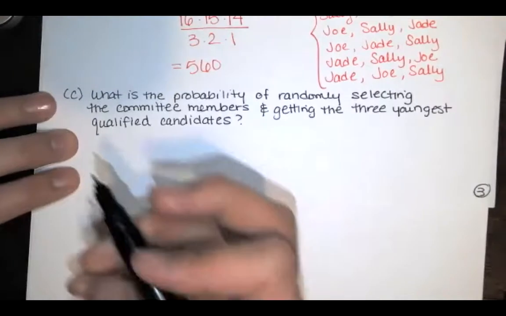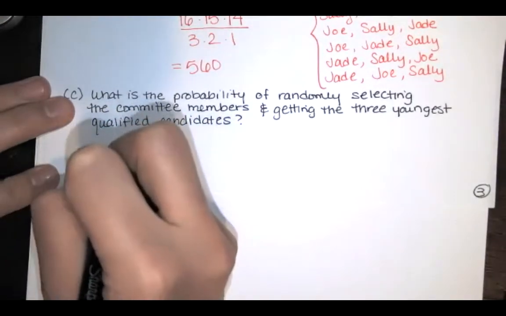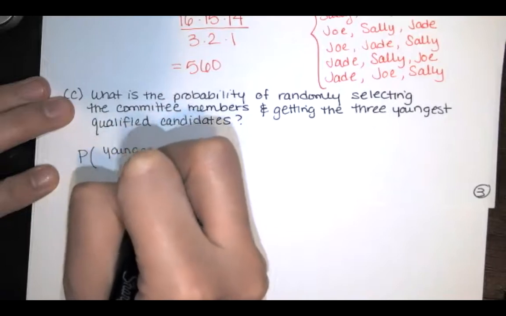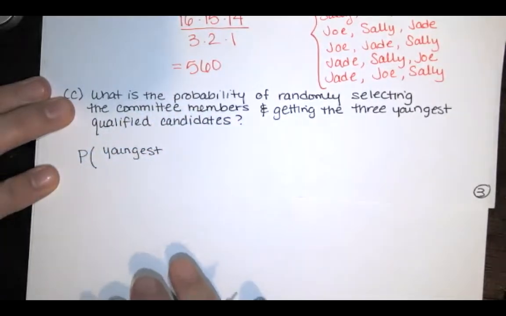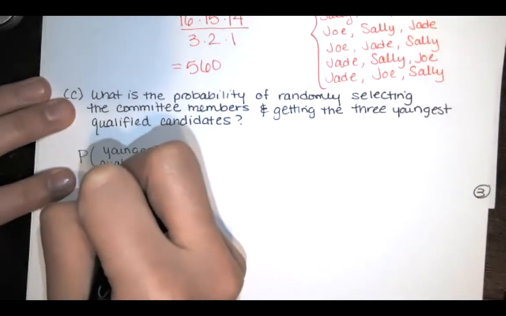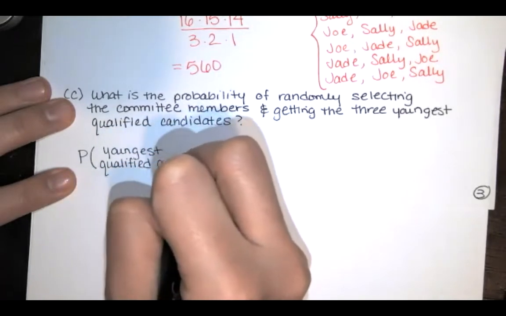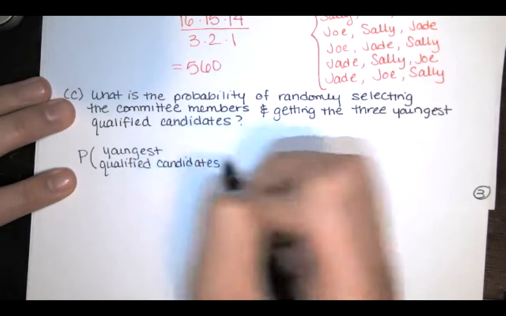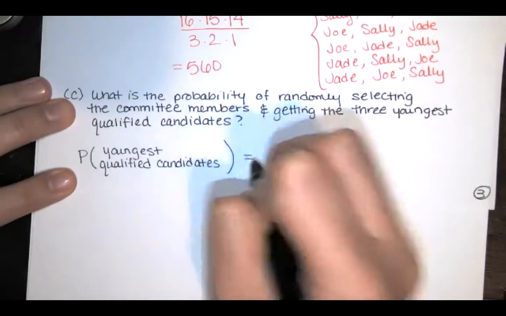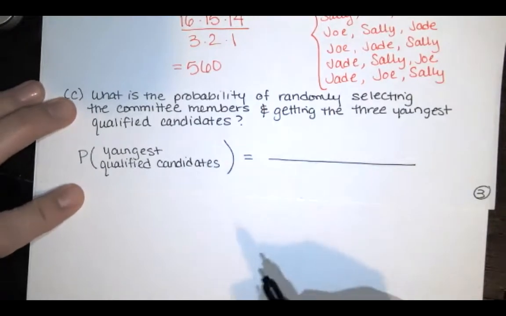Okay, so we're asked for a probability this time. And we want the probability that when we select that committee, we choose the 3 youngest qualified candidates. And that can be found by finding these 2 numbers.